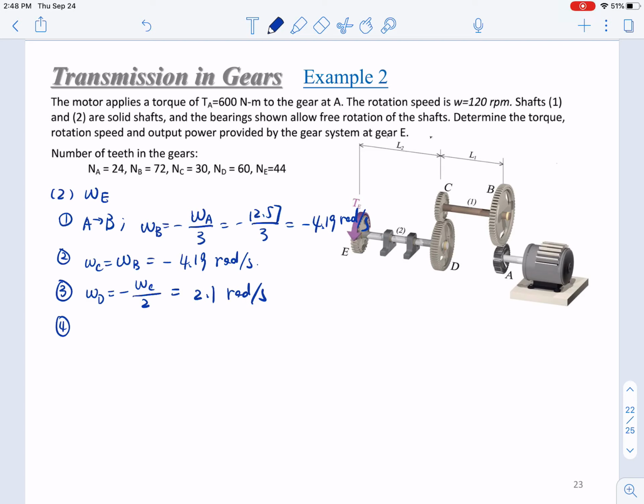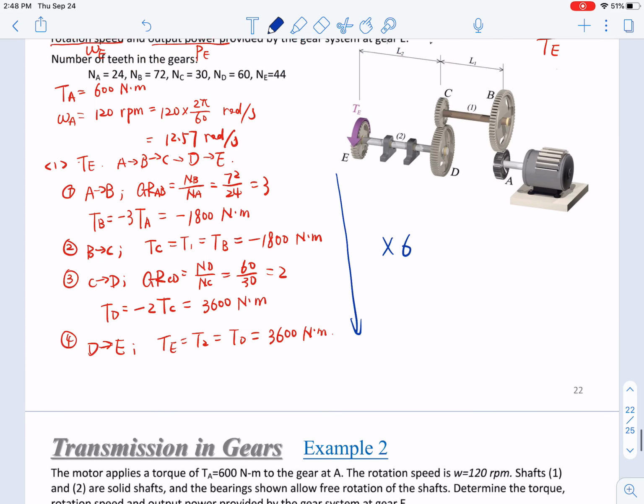Right, then D to E, omega E equals omega D, 2.1 radian per second. So you can see that we just repeated the process from A to E to analyze the omega, from omega A to omega E.